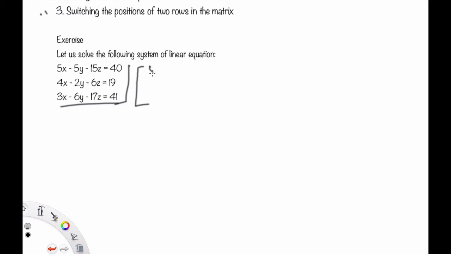We write 5, minus 15, 4, minus 2, minus 6, and 3, minus 6, and it is minus 17, where the columns correspond to x, y, and z.